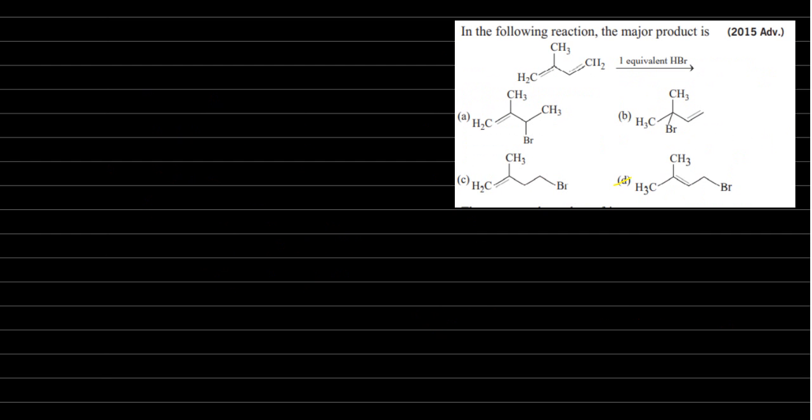The following reaction, the major product, with one equivalent of HBr. Here conjugation is there in the double bond. In that case, two types of reaction take place in general: at low temperature and at higher temperature.